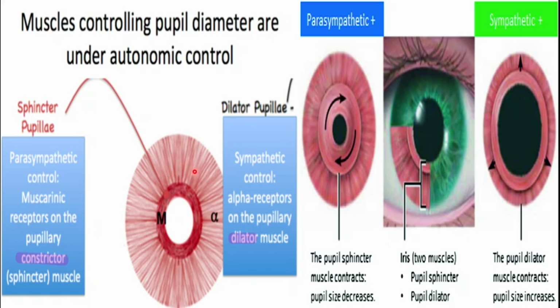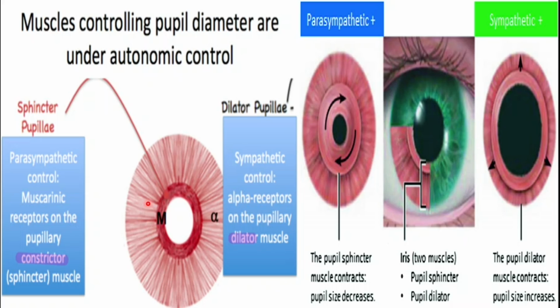And the radial muscle of the iris has the alpha receptors, so it must be getting the sympathetic innervation.